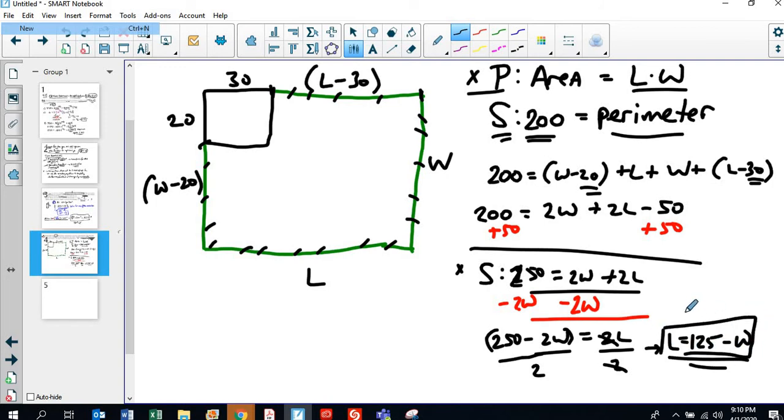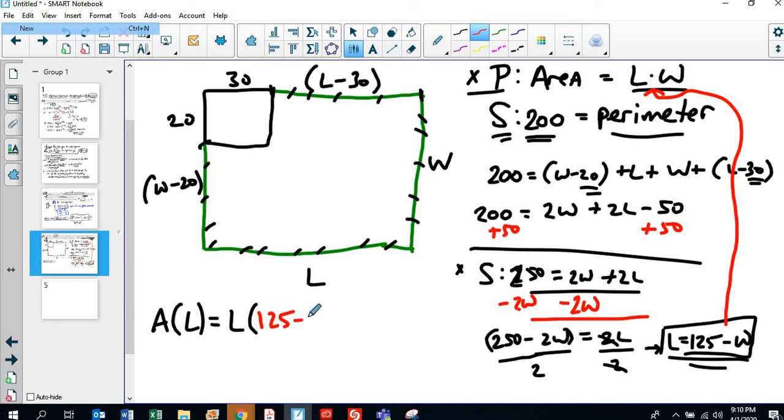So what do we do with L equals 125 minus W? We plug it in. Get your area function in terms of one variable only. So area is L times W. We solved for L, so we're going to plug in for L, which means we're going to have W left.